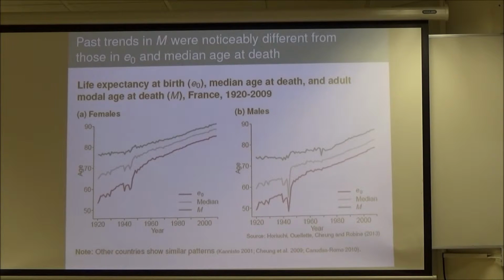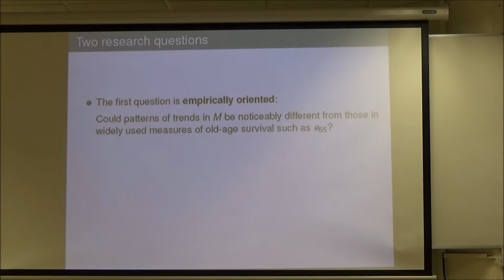All right. So these different trends for the three indicators bring me to our main research questions. In the existing literature on the modal age at death, we feel that there are at least two questions that remain unanswered. The first one is empirically oriented.